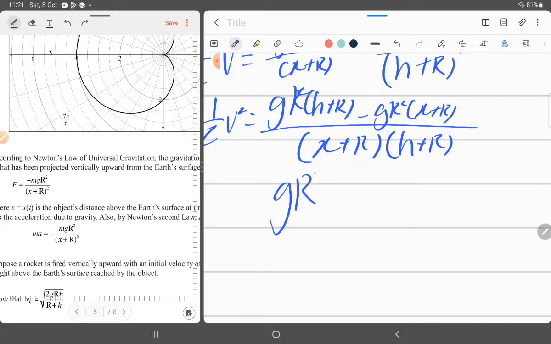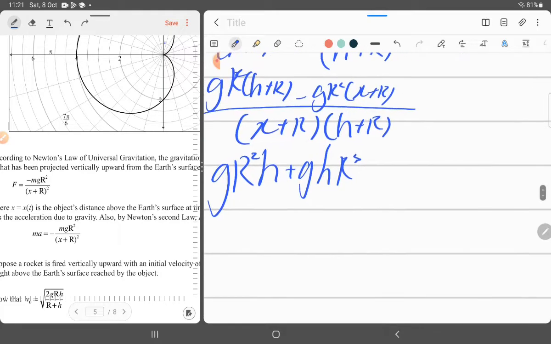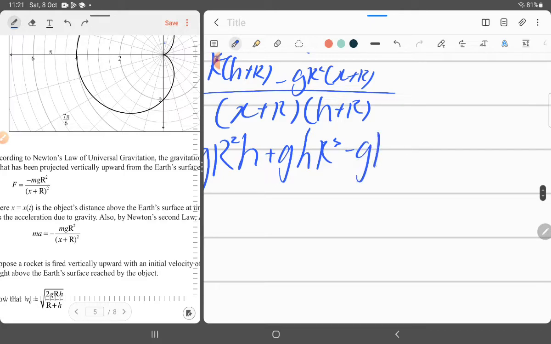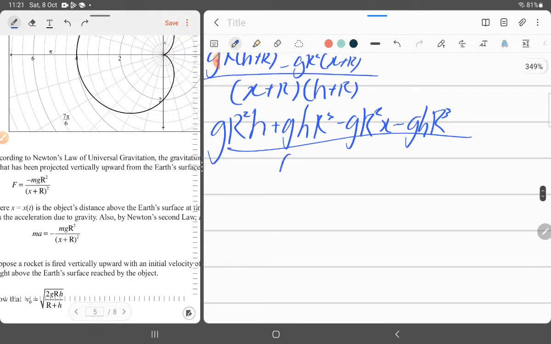The g h r cubed cancels out. Right, take away g r squared x, take away g r cubed over (x plus r)(h plus r).